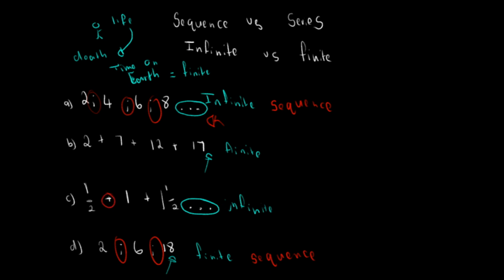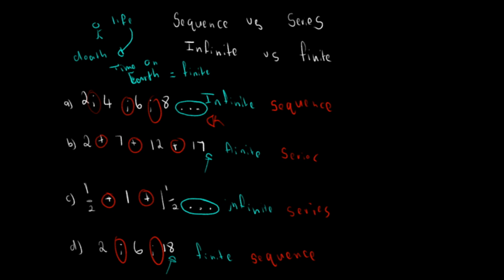And whenever we see an addition within a pattern, we have a series. And that's a very easy way to identify what we have between a sequence, a series, infinite or finite.